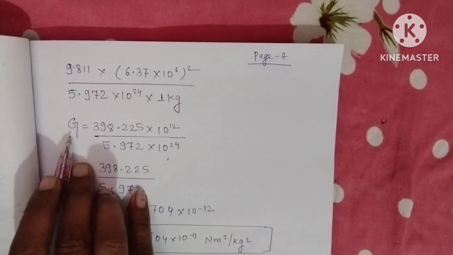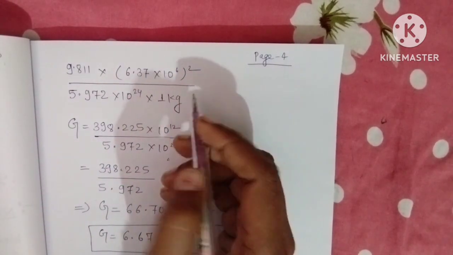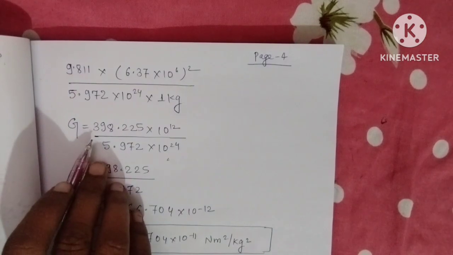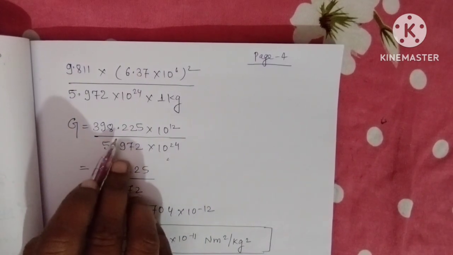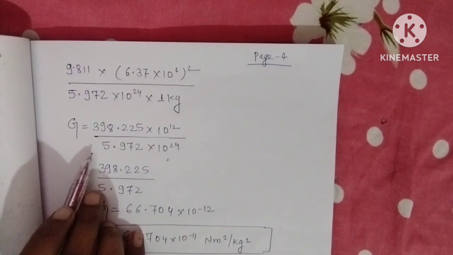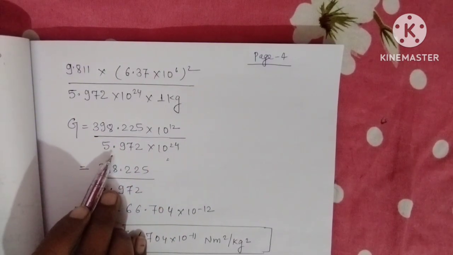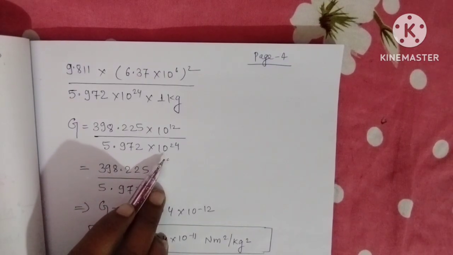So G is equal to the simplified value of 398.225 into 10 to the power 12 by 5.972 into 10 to the power 24.